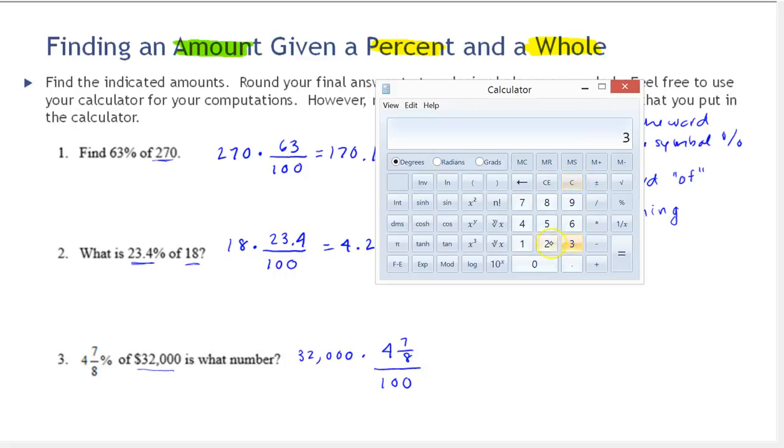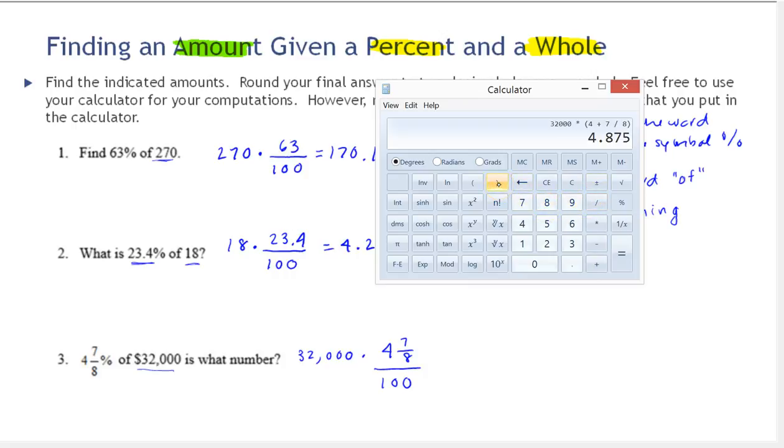So we have 32,000 now multiplied by, we need to put the 4 7/8 in parentheses as 4 plus 7/8, or your calculator, if you have the multi-view, has an option for writing a mixed number. But just to use any old basic calculator like this, I'm going to put parentheses 4 plus 7 divided by 8.